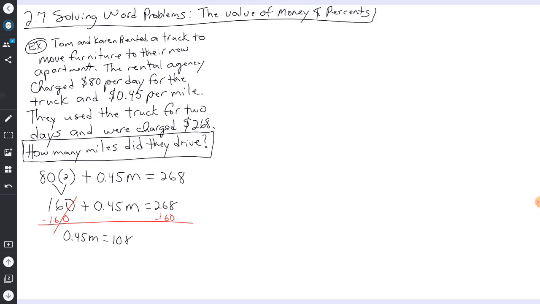And then what are we doing next? Dividing by the 0.45, right? 0.45 on both sides.